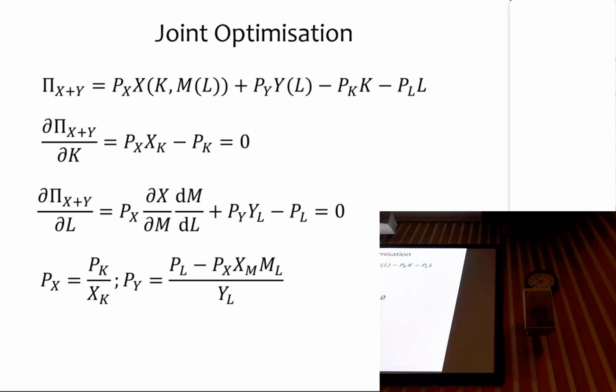And what we have is that the price of X, the price at which we sell X, should still be the price of the input over the marginal productivity, sorry.